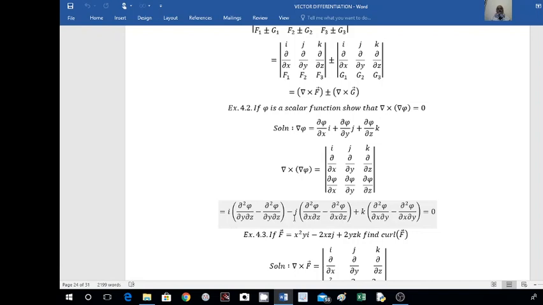Next minus j into dou by dou x of dou phi by dou z, that is dou square phi by dou x dou z, minus dou by dou z of dou phi by dou x. This is dou square phi by dou z dou x or dou x dou z plus k into dou by dou x of dou phi by dou y, that is dou square phi by dou x dou y, minus dou by dou y of dou phi by dou x, that is dou square phi by dou x dou y.